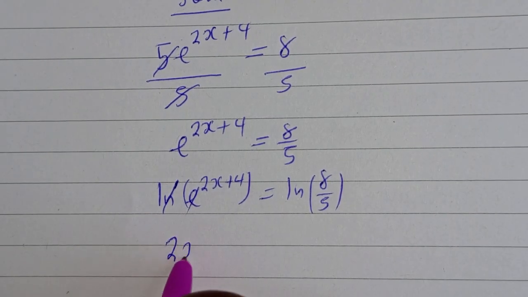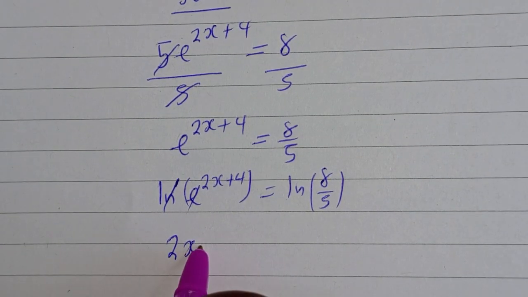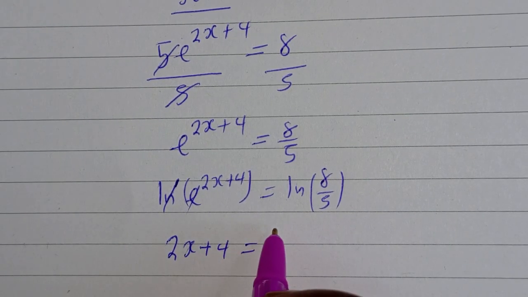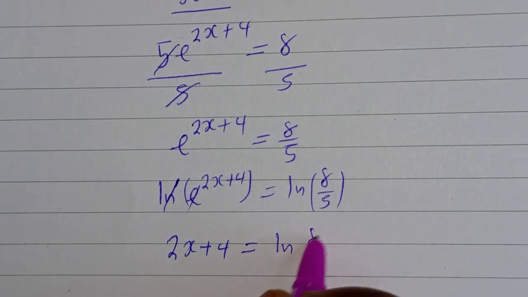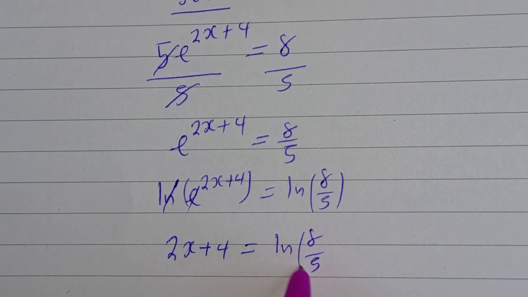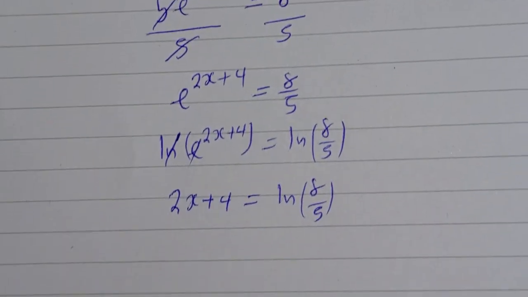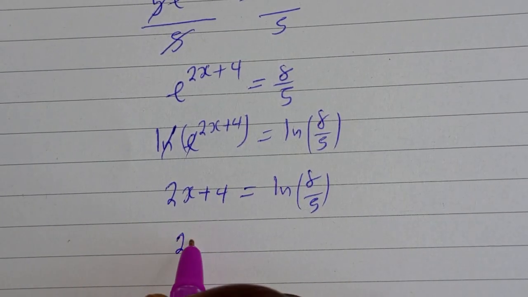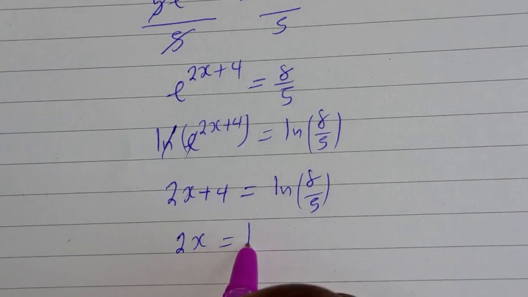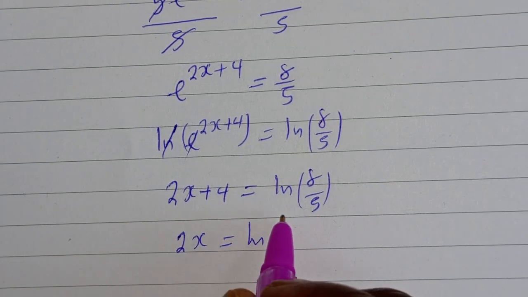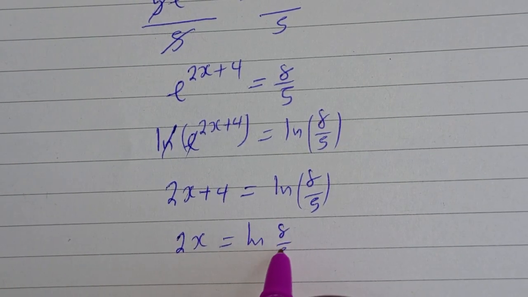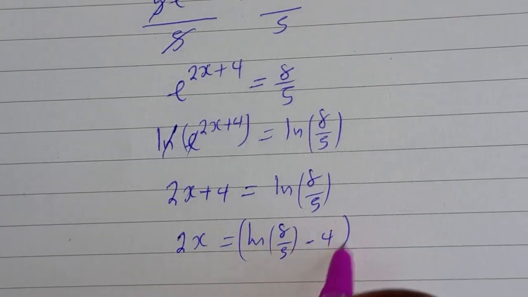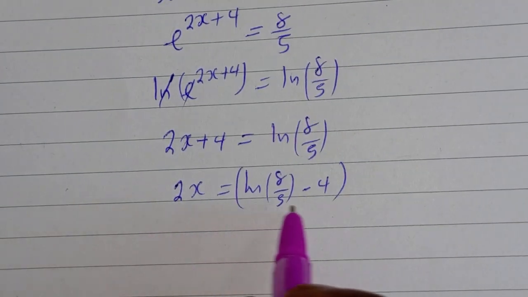Then we have 2s plus 4 is equal to natural log of 8 over 5. Now let's take this to this side. 2s is equal to natural log of 8 over 5 minus 4. But we are looking for the value of s.